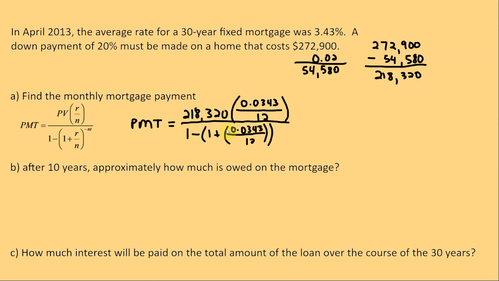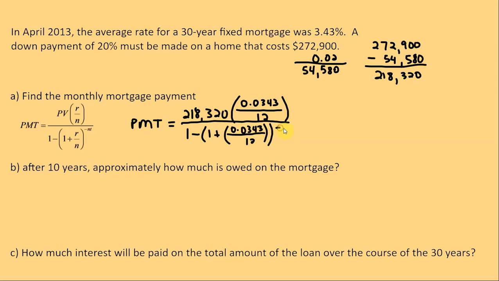So I put this fraction into parentheses. That's not necessary if you're using the TI-36X Pro. If you do, though, make sure that this whole 1 plus the rate divided by the number of payments is in a set of parentheses, because all of that needs to be raised to this power.